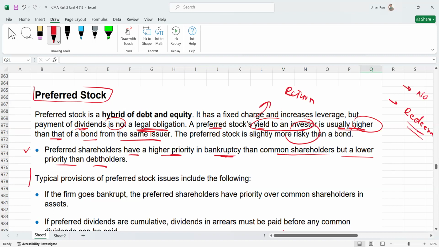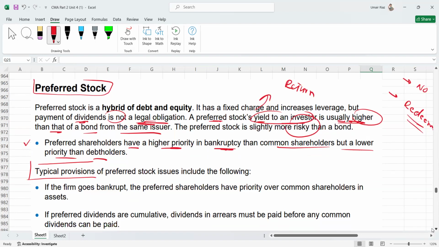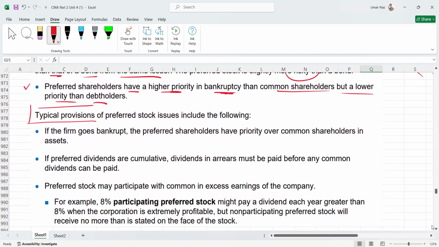Now we are discussing some typical, general provisions related to preferred stock. First point: if the firm goes bankrupt, the preferred shareholders have priority over common shareholders in assets, because assets will be sold, first payment will be made to the debt holders, then preferred shareholders, then common shareholders.